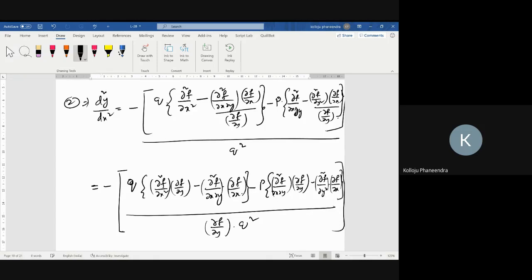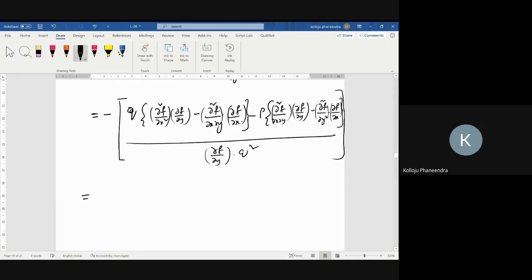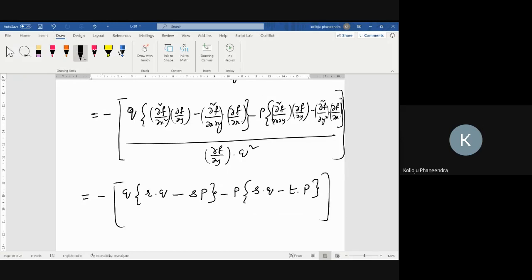Now the last step. Let me write in terms of operators. ∂²f/∂x² means r, ∂f/∂y means q, ∂²f/∂x∂y means s, ∂f/∂x means p, ∂²f/∂y² means t.